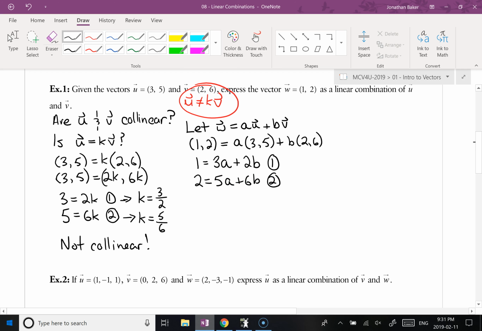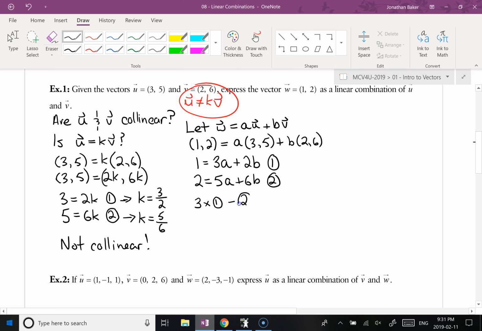Okay, and now we're in grade 10 all of a sudden, because we have a system of equations in 2 variables, and we can solve this using any of our strategies from before, elimination or substitution. Now, of course, when you have all these coefficients, elimination is nice and easy. What we could do is multiply row 1 by 3 and subtract row 2.